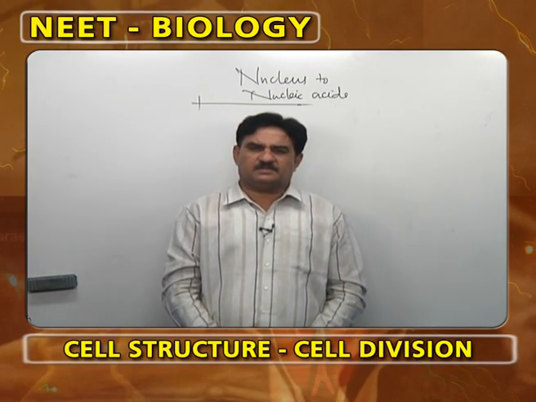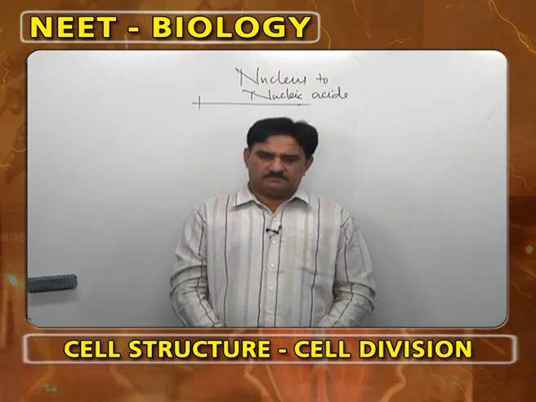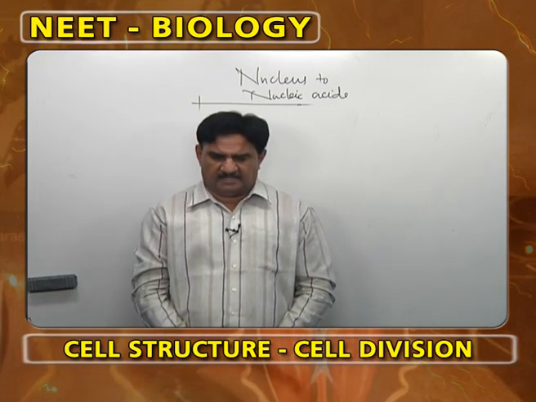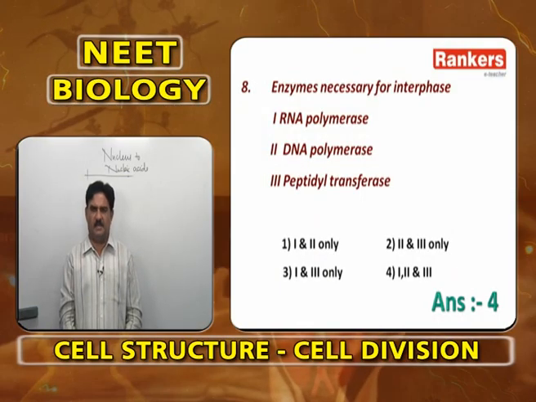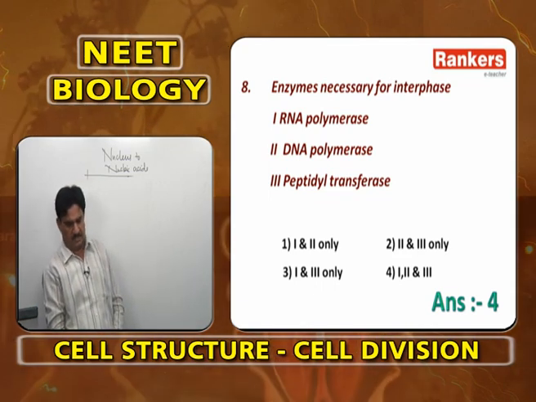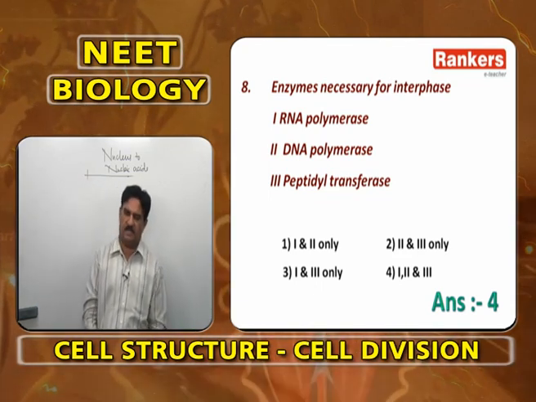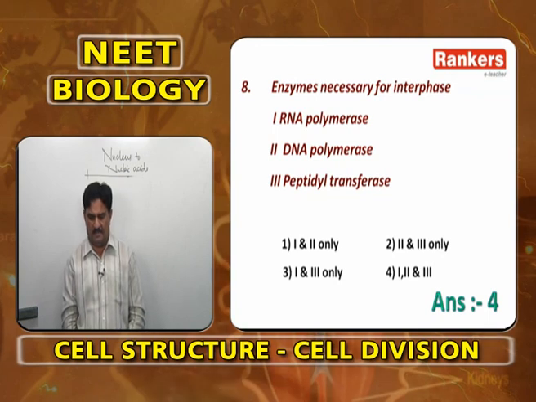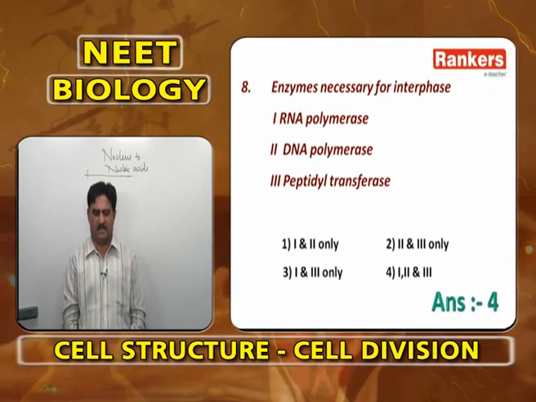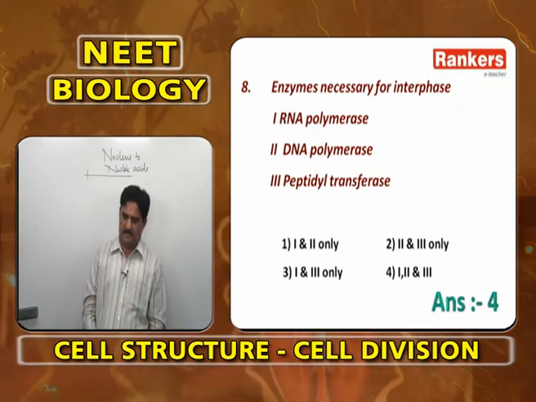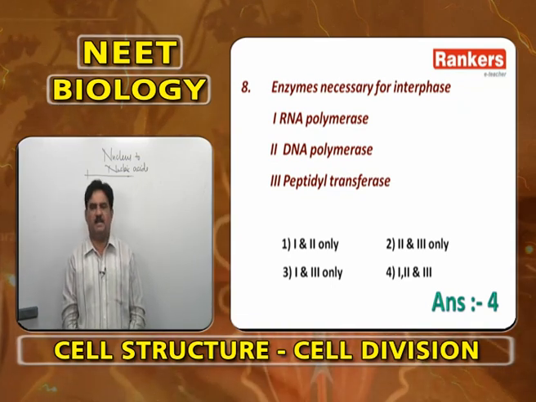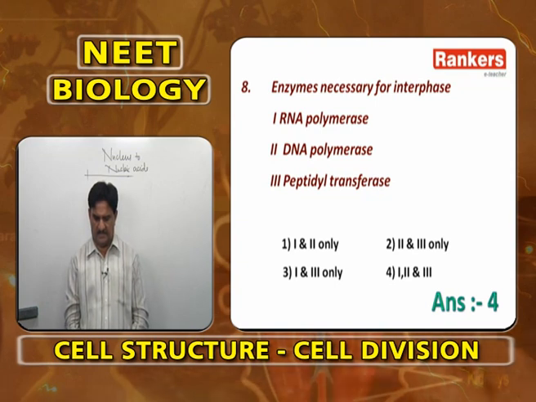S stage is the most significant stage where replication of DNA occurs, so it requires DNA polymerase. Peptidyl transferase is again required in G2 phase where protein synthesis continues. So the enzymes necessary for interphase will be all the 3: 1, 2, 3. RNA polymerase for RNA synthesis, DNA polymerase for replication of DNA, and peptidyl transferase for protein synthesis.